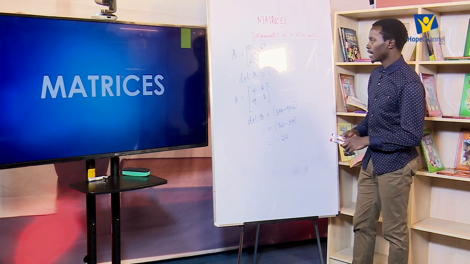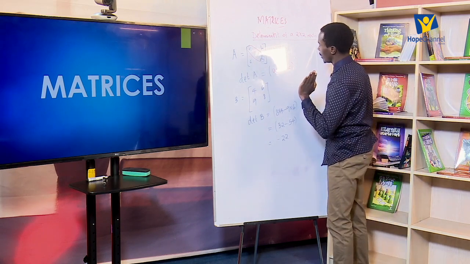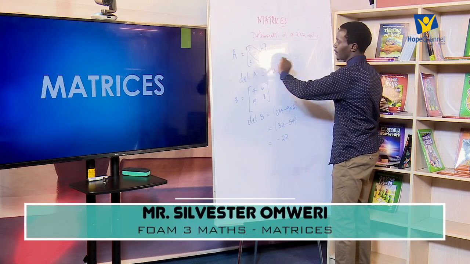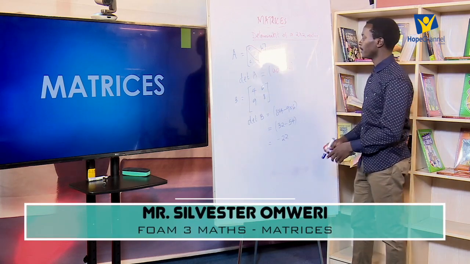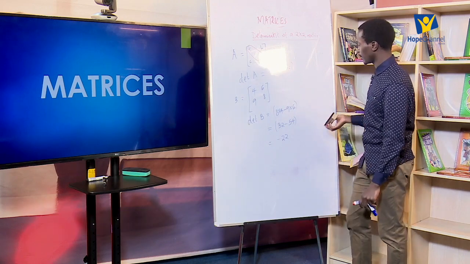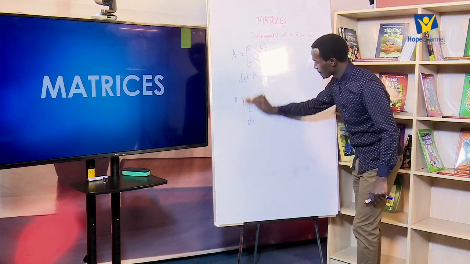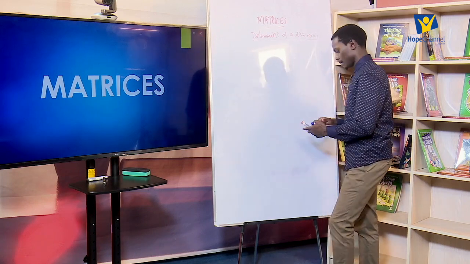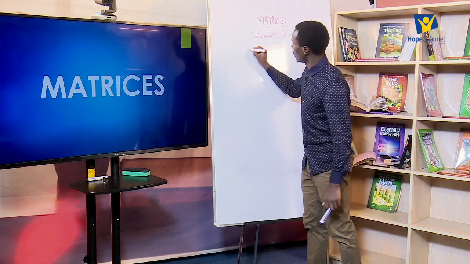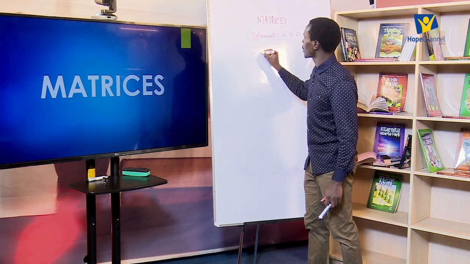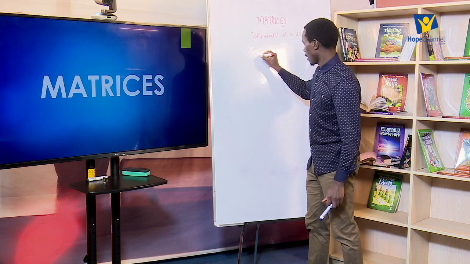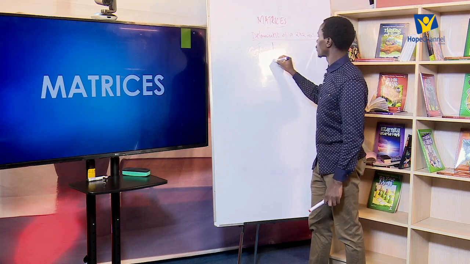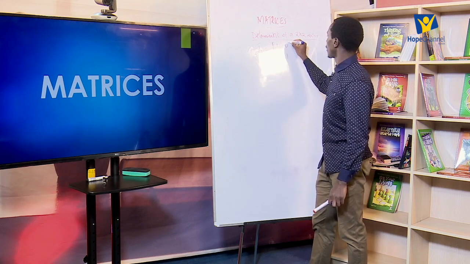I'm repeating a slight concept here that to get the determinant of a 2 by 2 matrix, you basically need the product of the leading diagonal, subtract the product of the elements in the other diagonal. Let's get another example. Find the determinant of I. We have I being equal to 1, 0, 0, 1.